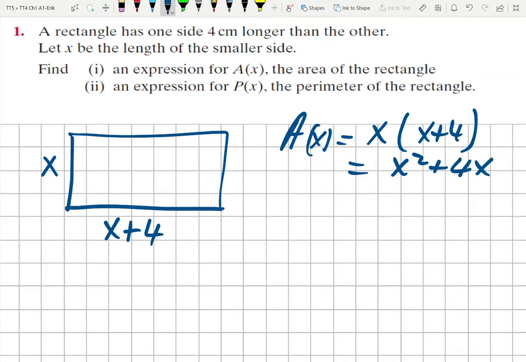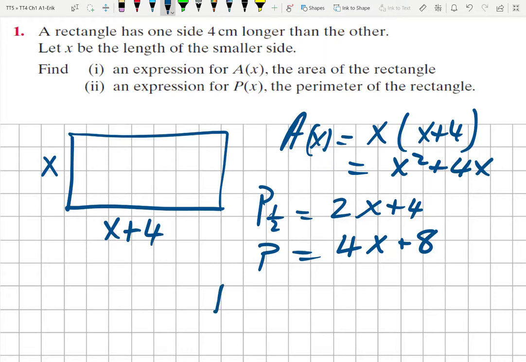An expression for the perimeter. Okay, so the half perimeter is 2x plus 4. The perimeter is double that, 4x plus 8. And we want to write it in function form, so we're writing it like this.